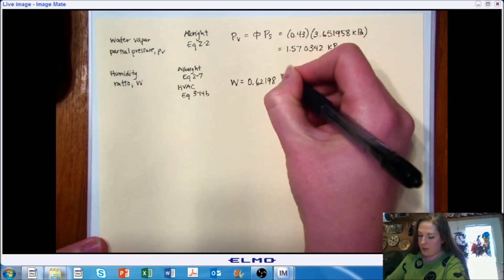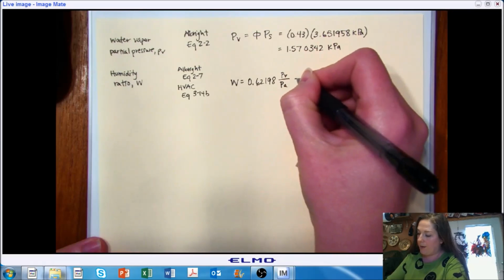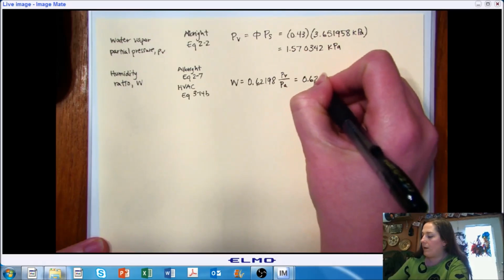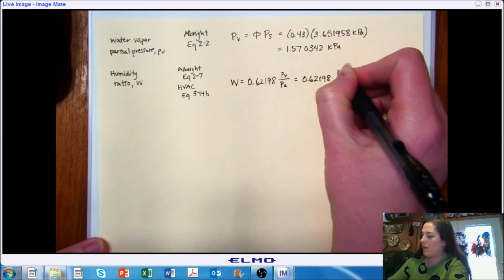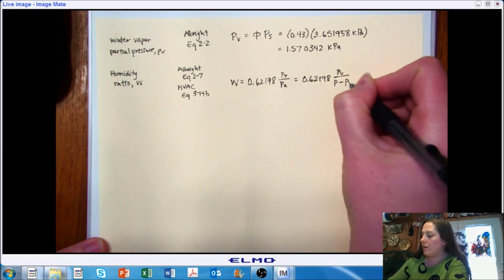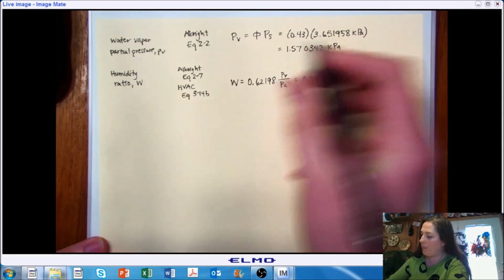It's a coefficient times the relationship between your water vapor partial pressure and the partial pressure of air. We haven't yet solved for the partial pressure of air, but it is our pressure minus the part made up by vapor, and the remainder is the part made up by air.